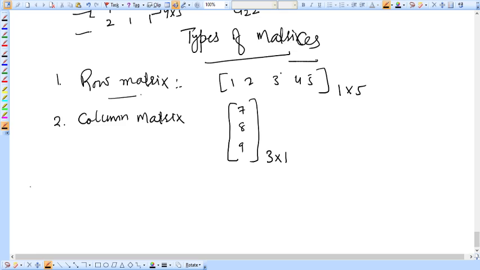Then you look at the square matrix. Before the square matrix, you write the rectangular matrix.